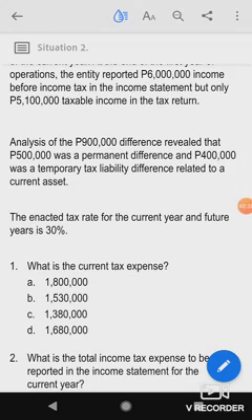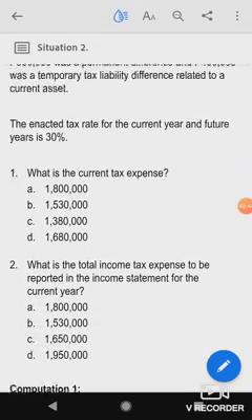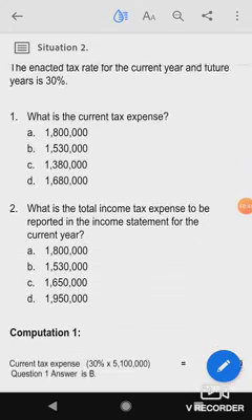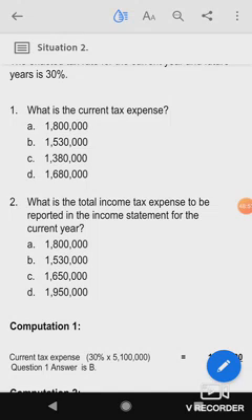So the enacted tax rate for the current year and future years is 30%. The question is, what is the current tax due, and what is the total income tax expense to be reported in the income statement for the current year?